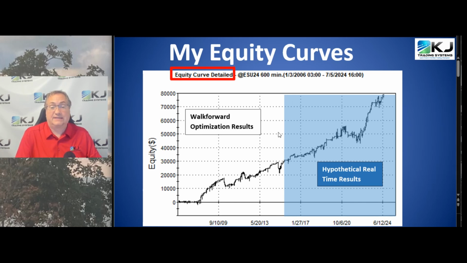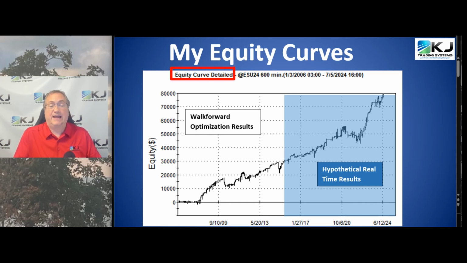The one thing this definitely will do is any drawdowns that happen during a trade will show up in the detailed curve, but they won't show up in the closed equity curve. So here's an example. Let's just say you built a strategy that takes $100 profit but lets the loss go unlimited.